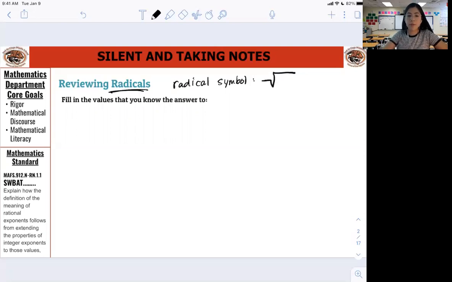I want you guys, if you know the answer to it, to fill it in using the annotation tool. So you can fill it in as soon as you have the answer.